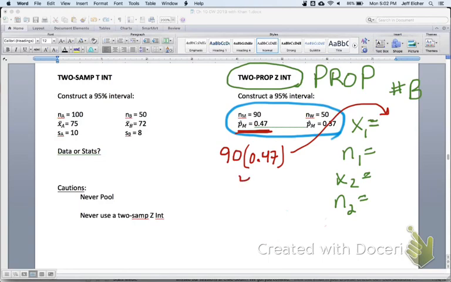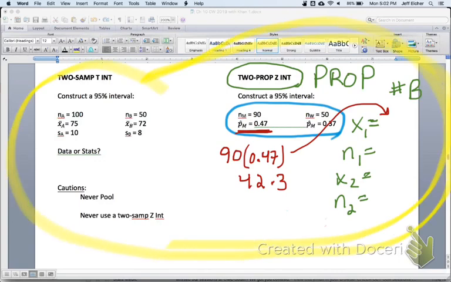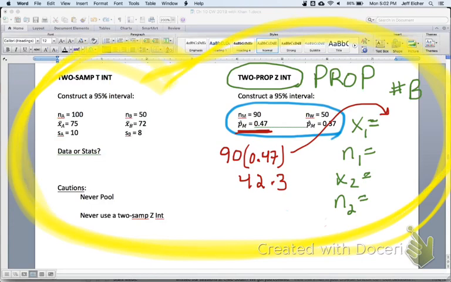So let's type that 90, hit the times button, and then 0.47, hit enter. And I got 42.3. Here is a big alert. Don't miss this part. It's very important that this number, when you type it in the calculator, you round it to the nearest whole number.